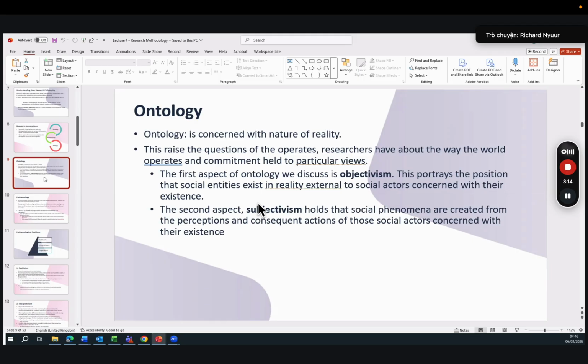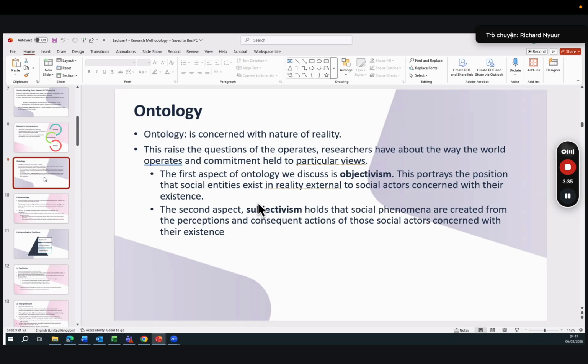On the other hand, other researchers consider reality to be based on subjective examination of a situation based on the interactions of social actors, that is people and institutions.